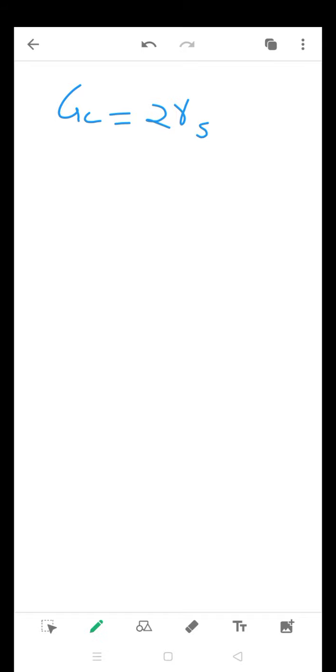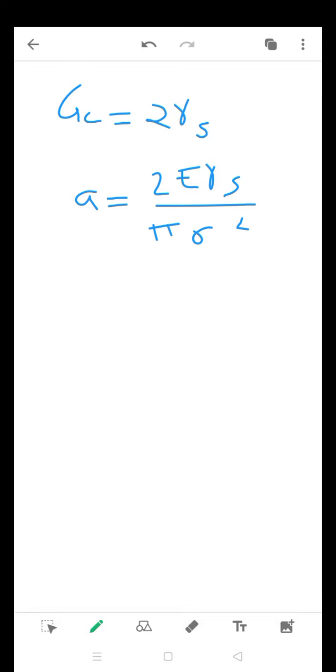So coming back to the previous problem, if you write again the equation, A is equal to 2E gamma s by pi sigma square.